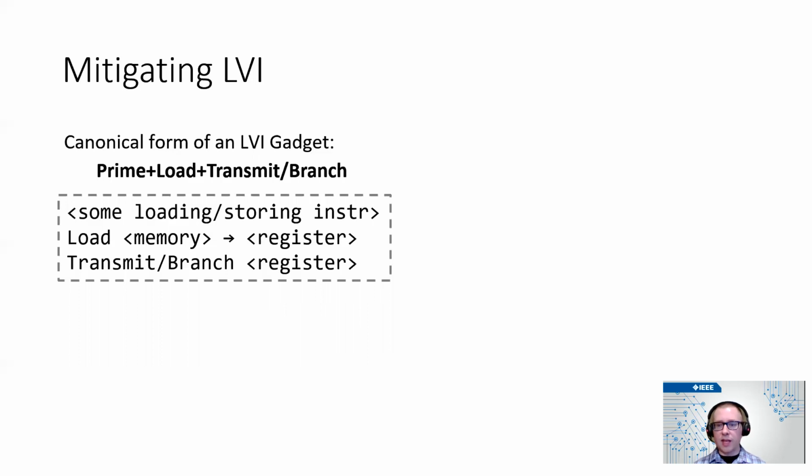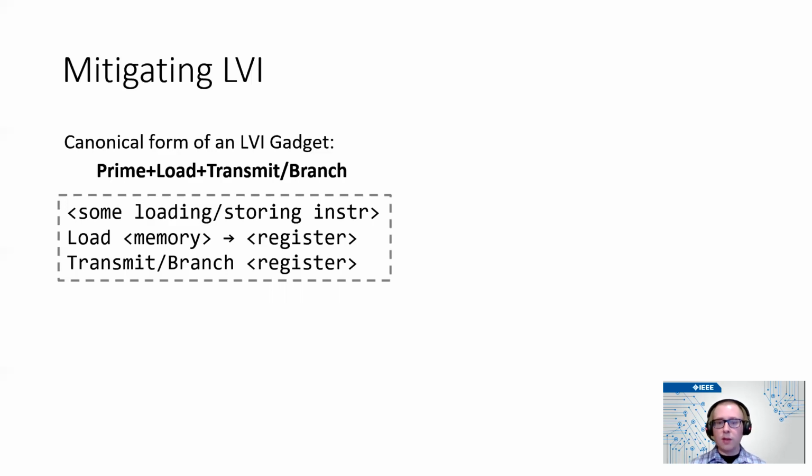And then the second instruction, a load whose load address 4K aliases with the prior load or store, that instruction faults, and the previous value is forwarded to the third instruction, some kind of a branch or a microarchitectural transmitter, such as a memory access.